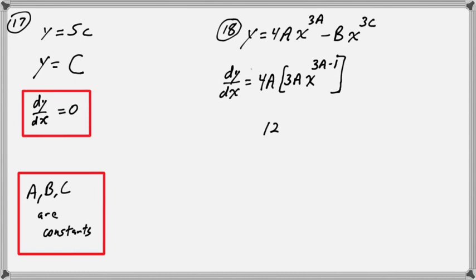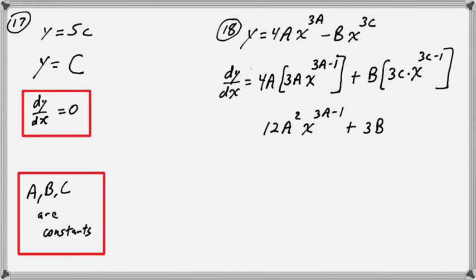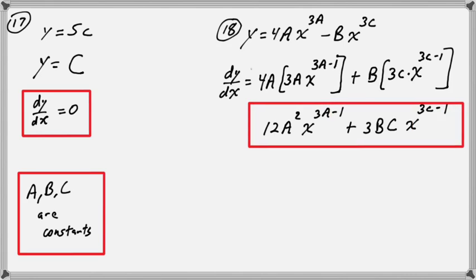That gives me 12a squared x to the 3a minus 1. Again, b is a constant, so is c. So you're going to do the power times the base to 1 less power. So that would be plus 3bc. It's kind of standard to write them alphabetically. And if we check the answers on this PDF, hopefully this is the answer for 18.